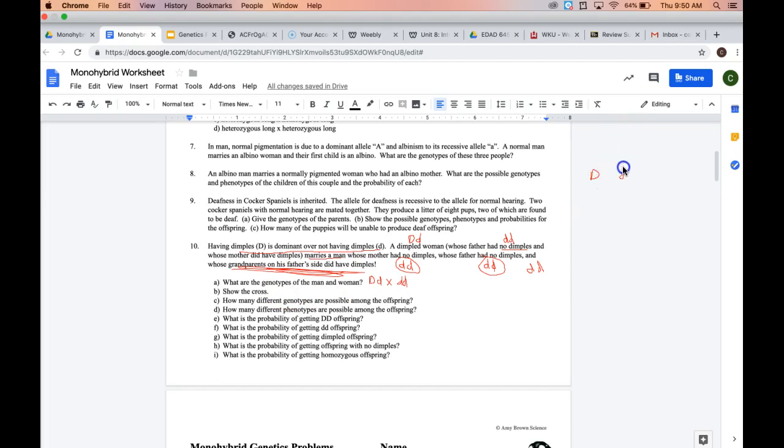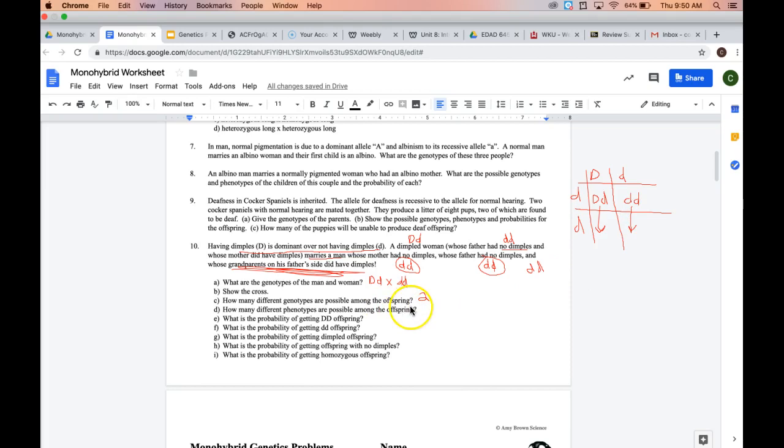So we're going to end up with two possible genotypes. Those will be heterozygotes here and there, and then homozygous recessive there and there.